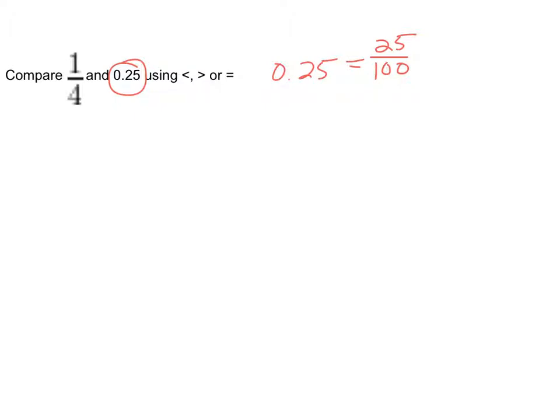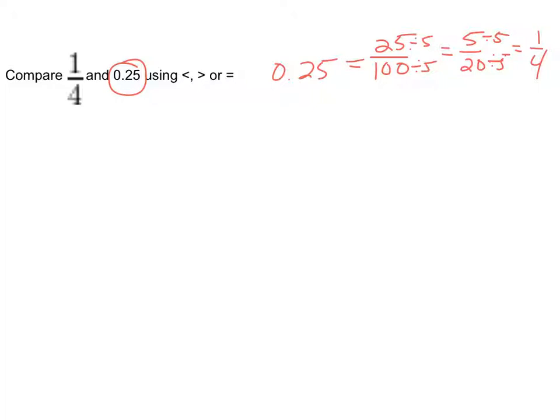100. Now, I can take a 5 out of both of those. 25 divided by 5 is 5, 100 divided by 5 is 20. I look again, I can take some more out. I can divide another 5. So I do that, and I get 1 over 4.